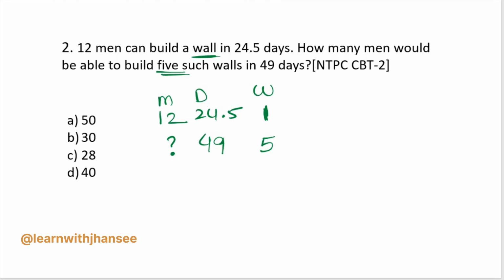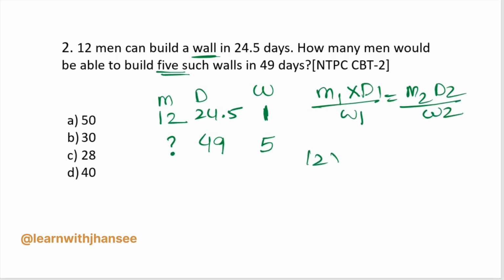So the formula is M1 into D1 by W1 is equal to M2 D2 by W2. What is M1? 12 into 24.5 divided by W1, which is 1. Next, what is M2? M2 I don't know, I have to find.